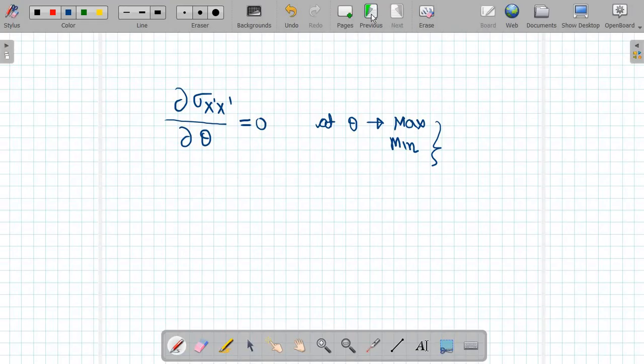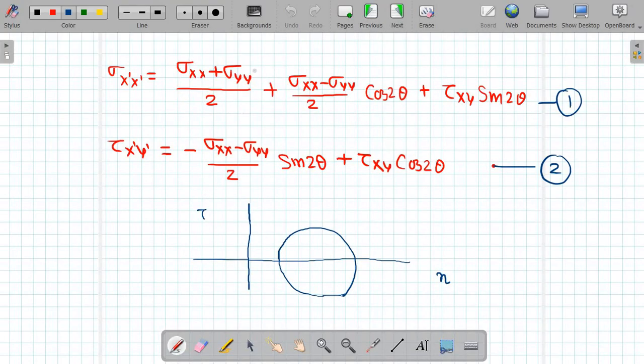Okay, so for that, this is a constant term independent of theta. Now this is the term, cos 2 theta. If you differentiate it with respect to theta, then what will be the value? The 2 will come out. So 2 cos 2 theta.